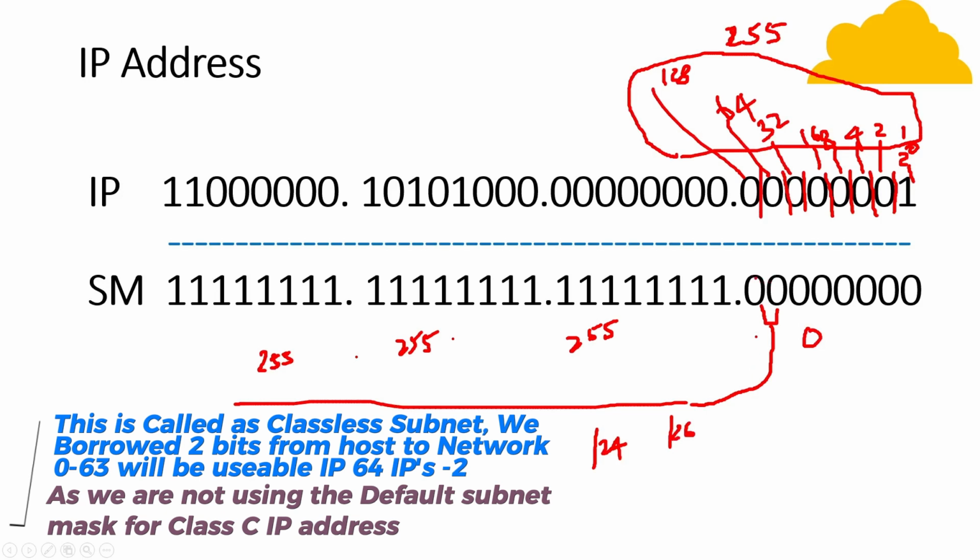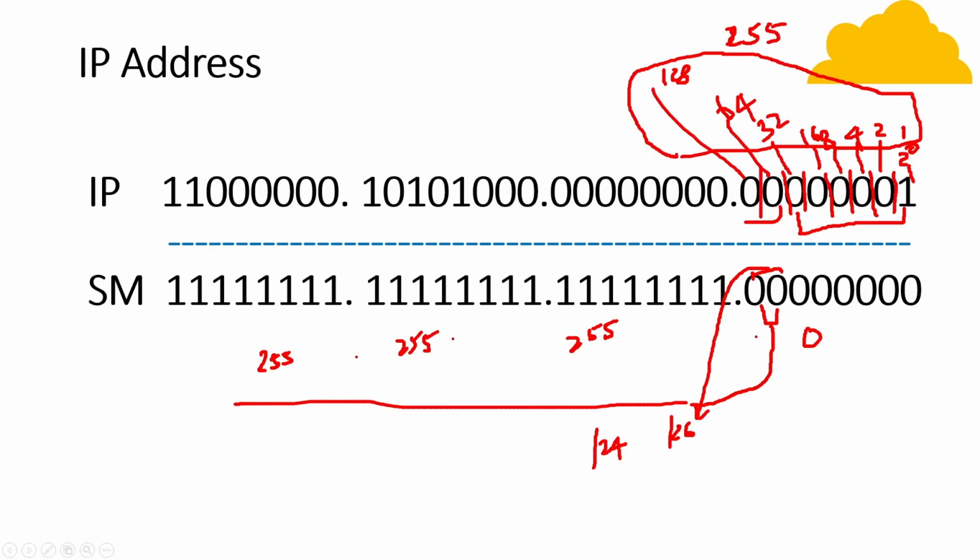So since these 2 bits are now used for the networking part, I have a limitation of IP addresses now. So the total number of IP addresses I can have after reducing these 2 bits: 32 plus 16 plus 8 plus 4 plus 2 plus 1.